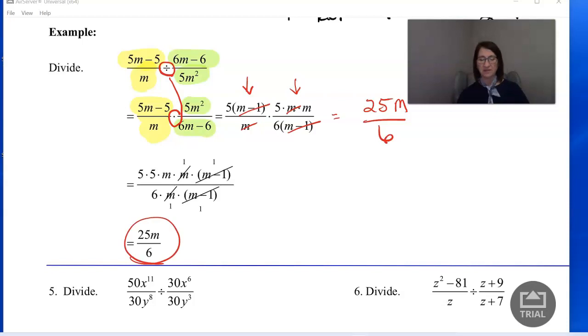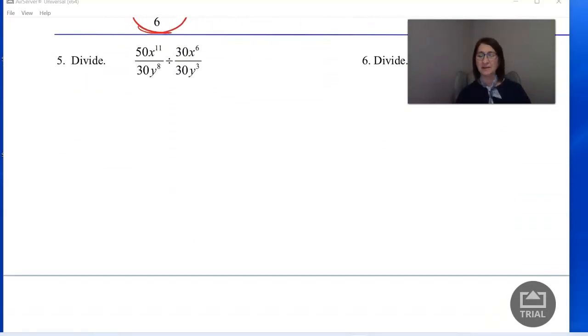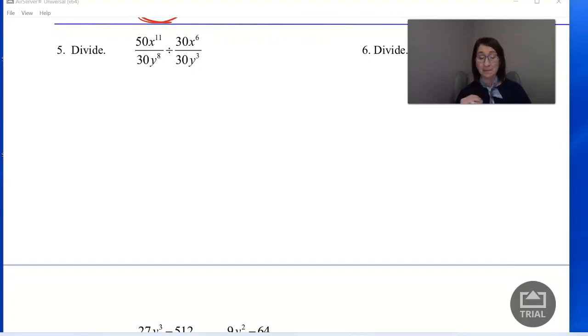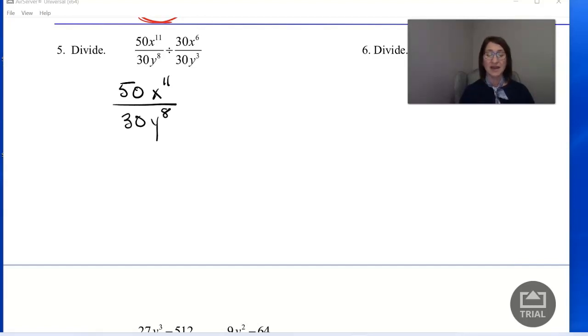Okay, let's go ahead. Try some more examples. So we want to go ahead, keep the first rational expression. So that's going to be 50 x to the 11th over 30 y to the 8th. Then we're going to take this division, change it to multiplication.